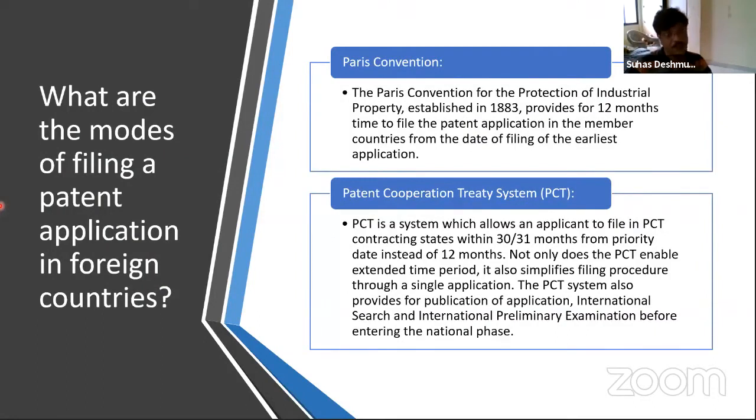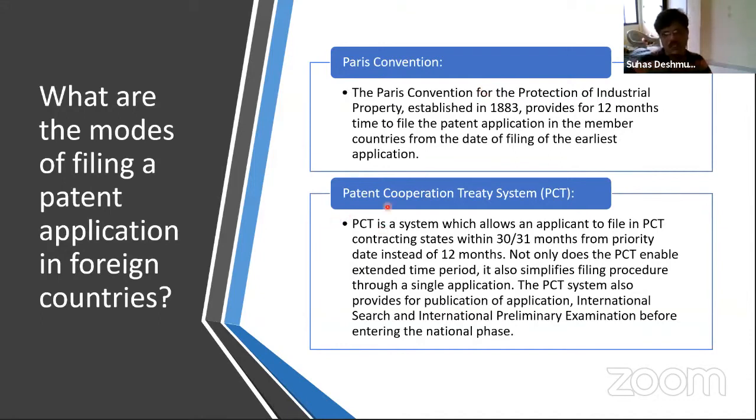So this comes under the Indian patent filing process. There are different modes of filing a patent application in foreign countries. There are two modes. One is the Paris Convention, which gives protection of industrial properties and provides 12 months to file the patent application in member countries, within a bunch of countries where your protection is allowed.